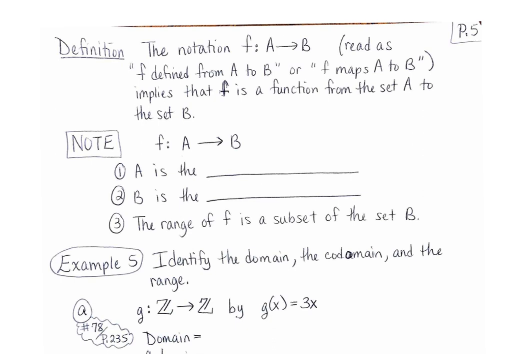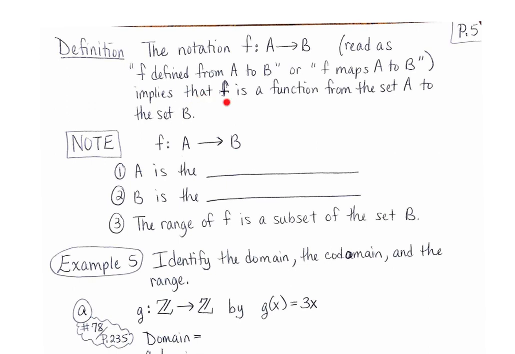All right. So the notation f colon A to B. I keep saying semicolon, but this is a colon. We read this as f is defined from A to B, or f maps A to B. This is the notation.